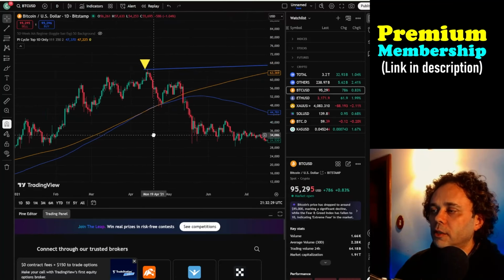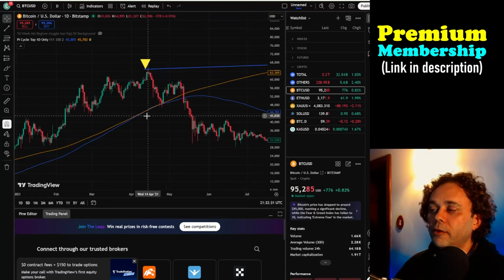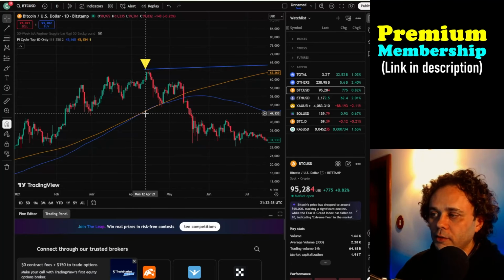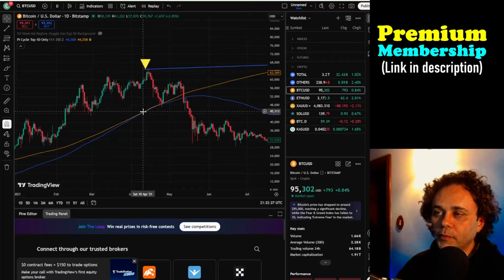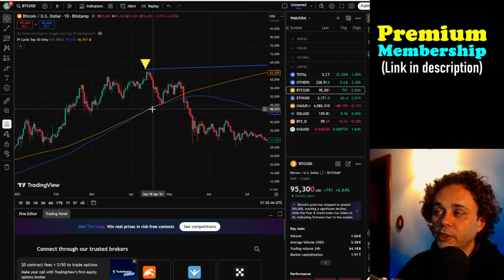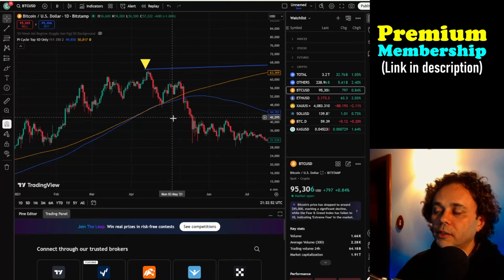So something interesting happened here, whereas this 111 came into contact with the 350, and it barely crossed over, and it only stayed over for a very short period of time. And then the dumping that we came to understand happened right afterwards.